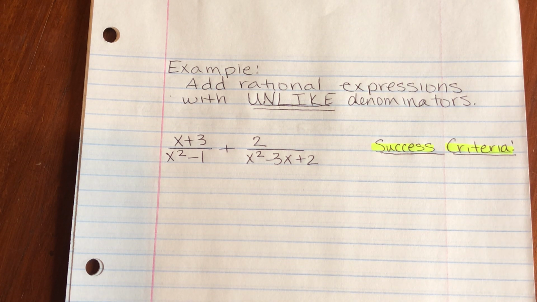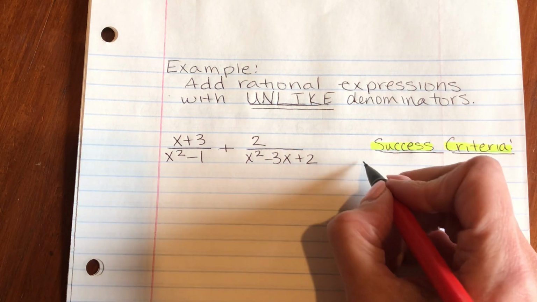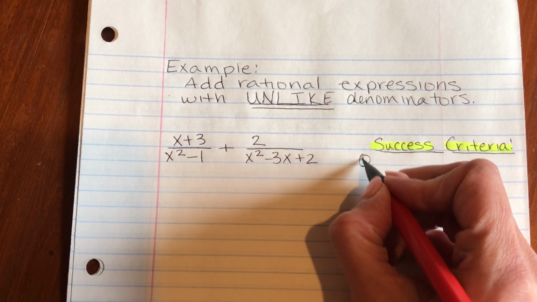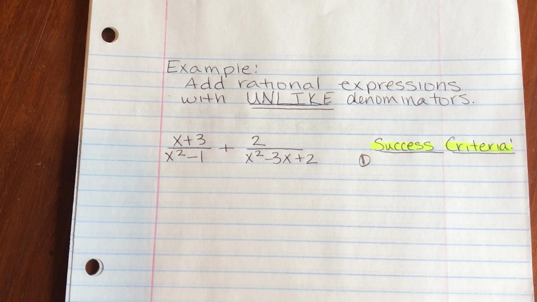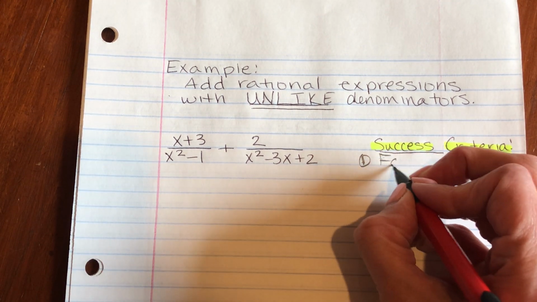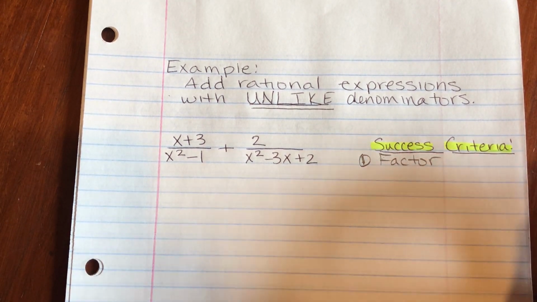This one has 9. So you're going to have to really focus in and try to stay with me. But remember, if I'm going too fast, you can always pause the video, rewind it, and listen again. But your first step is to factor. So I'm going to factor the denominators only.